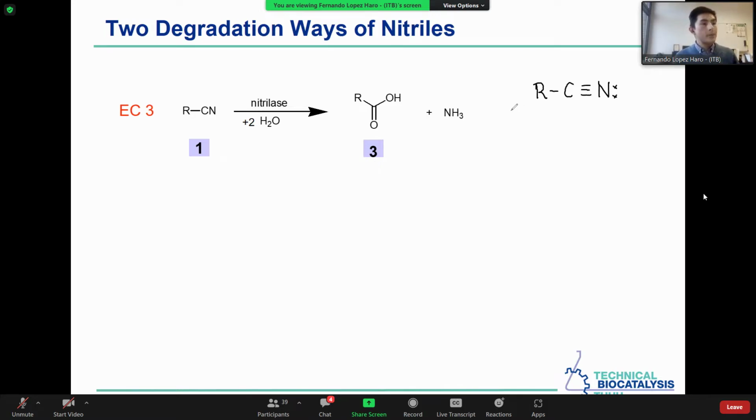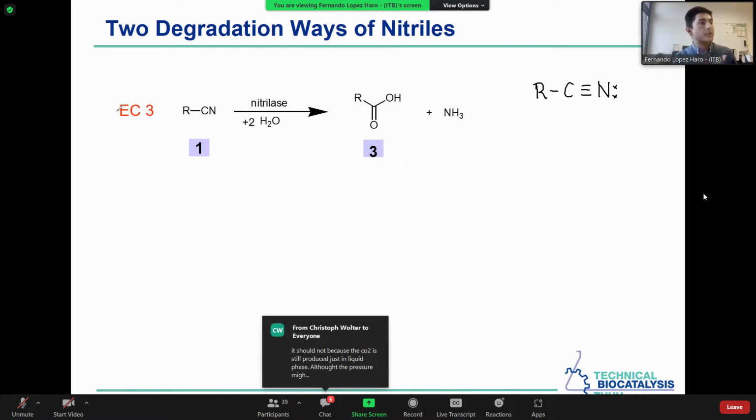Now, what happens with nitriles is that they are quite reactive because there is an imbalance of charges between the nitrogen and the carbon, and also they have these extra bonds that can be the place where chemical attacks can happen.